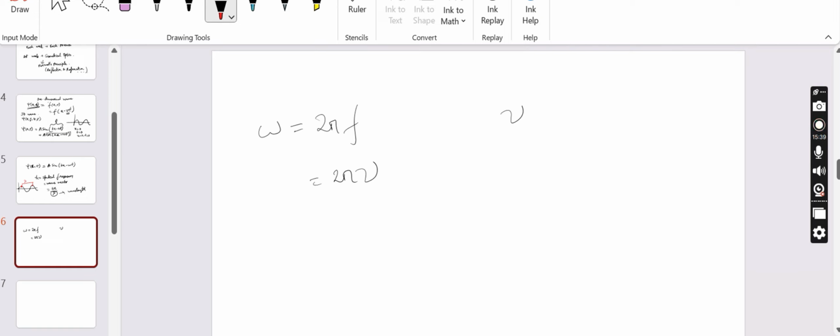And similar to spatial frequency, there will be a temporal frequency and a counterpart of wavelength, which we call time period.